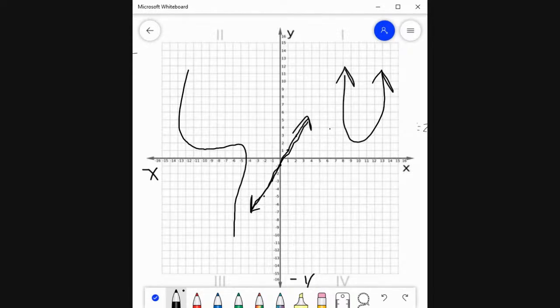So when you are graphing, make sure that you are plotting your points and making sure that you are plotting them x, comma, y. Any questions on plotting your points?